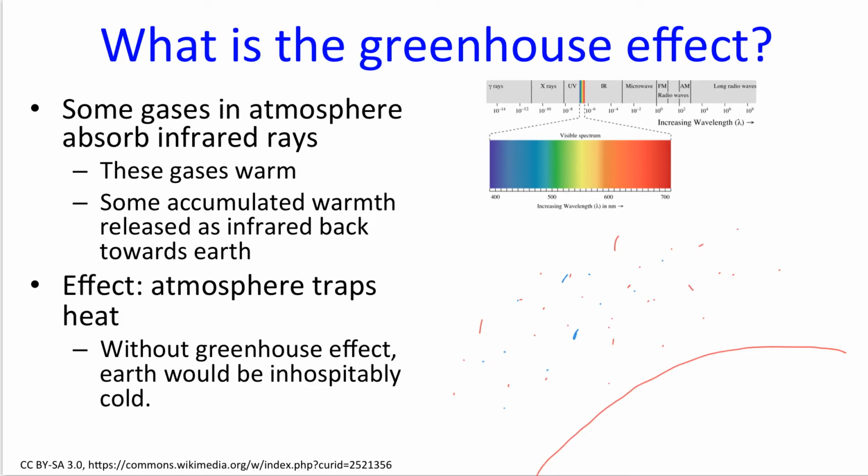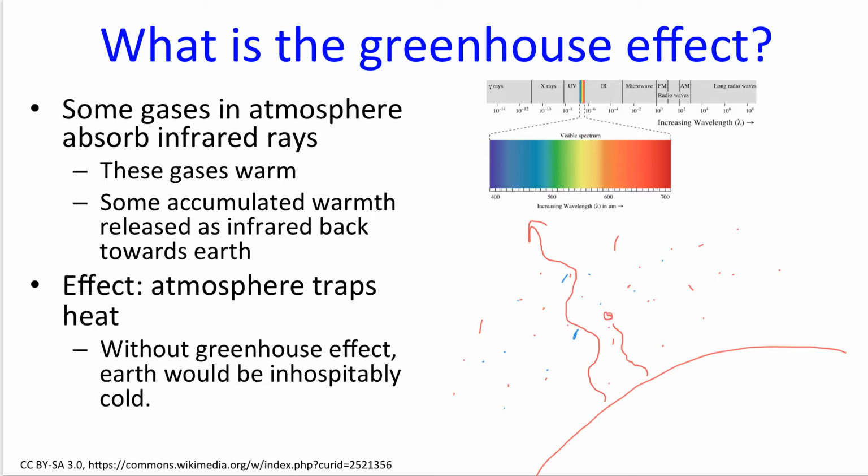When infrared waves leave the Earth and they travel through the atmosphere, some will make it through unscathed and continue out into space. That means that that energy is going to escape the Earth's atmosphere and not cause warming. However, other infrared waves that are released by warmed objects on the Earth's surface are going to run into particles. And some of those particles are going to interact with the infrared waves, and they're going to absorb the energy, and they're going to become heated up.